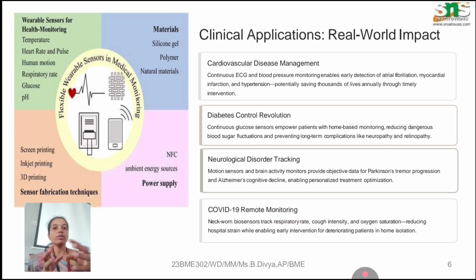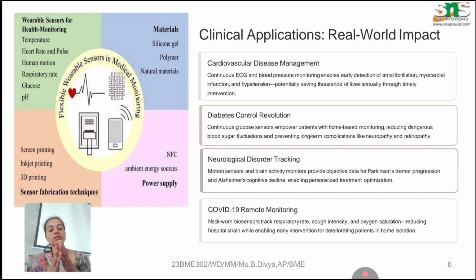Okay, wearable sensors for health monitoring. What are the health parameters to be monitored? Temperature, heart rate and pulse, human motion, that is movement, respiratory rate, oxygen level, glucose level and pH level. These are the vital parameters to be monitored in daily life by using wearable sensors for a patient.